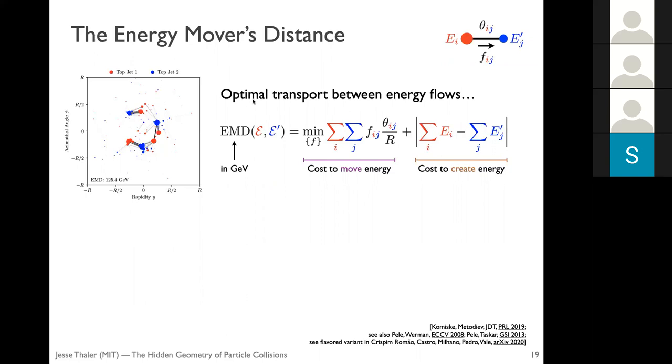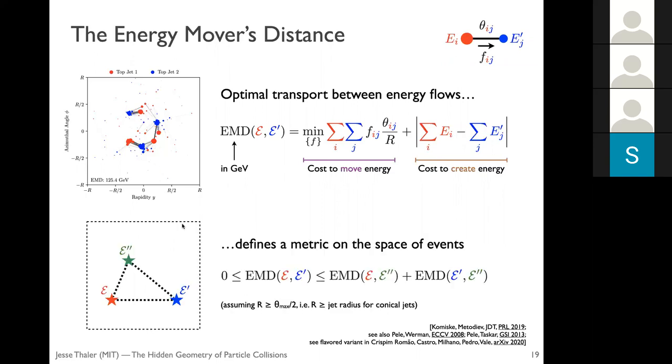And if you have this optimal transportation plan between energy flows, if you have this notion of distance between energy flows, then you can now talk about an abstract space. So going from this original geometry of the collider event geometry to an abstract geometry, I can define an abstract geometry that has a metric, that is a notion of pairwise distances between points.